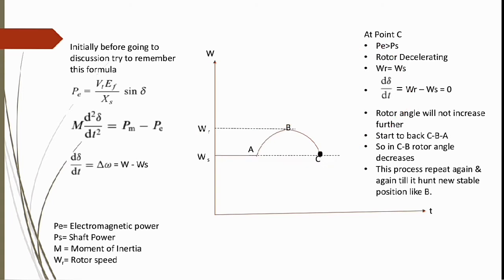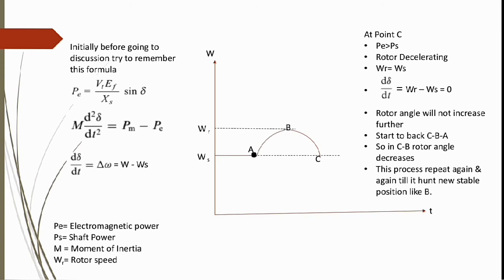That's why the value of del will decrease from point C. Because of this, the value of del decreases in a reversible process. It starts back from C, then B, then goes to A.